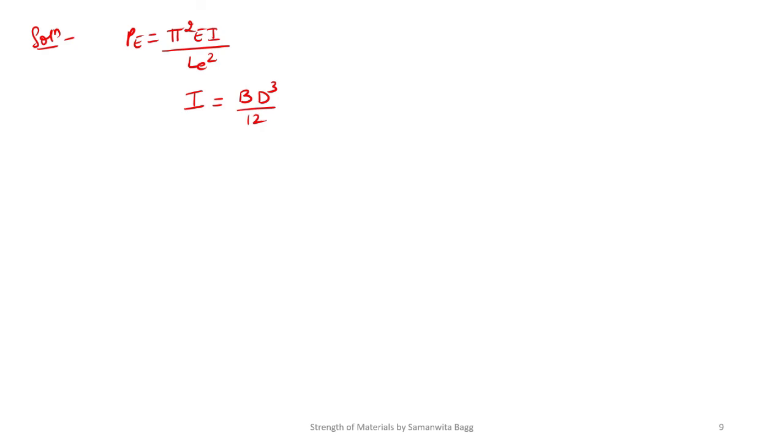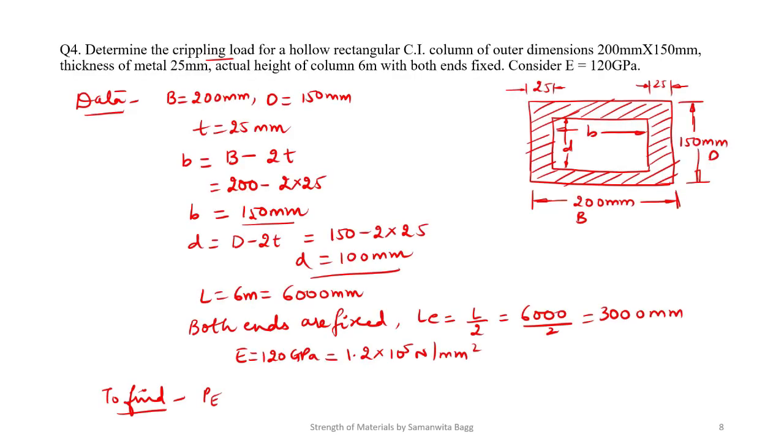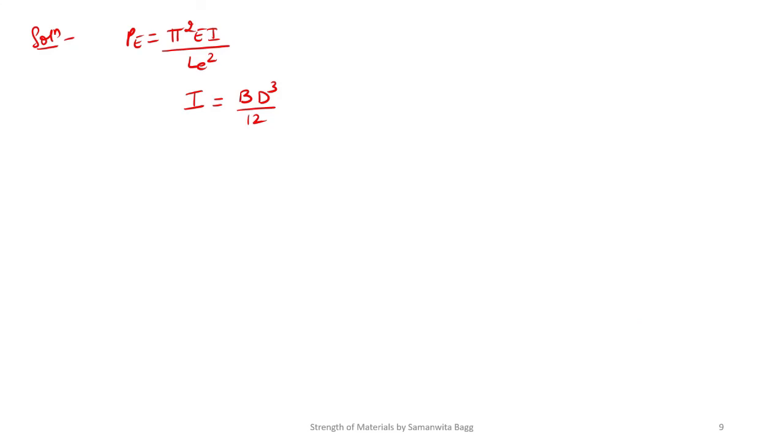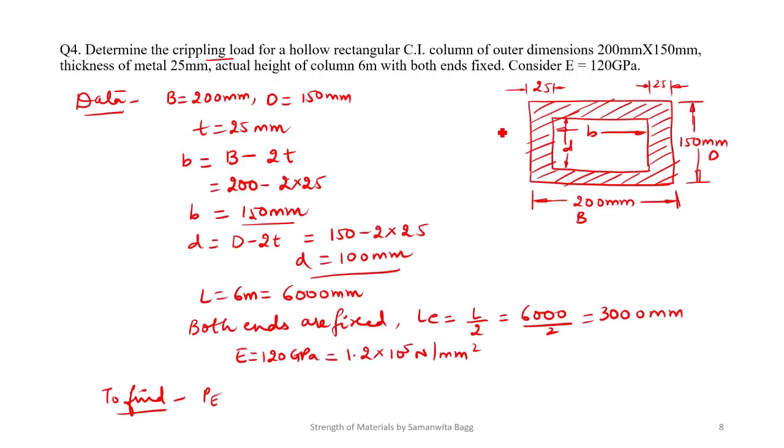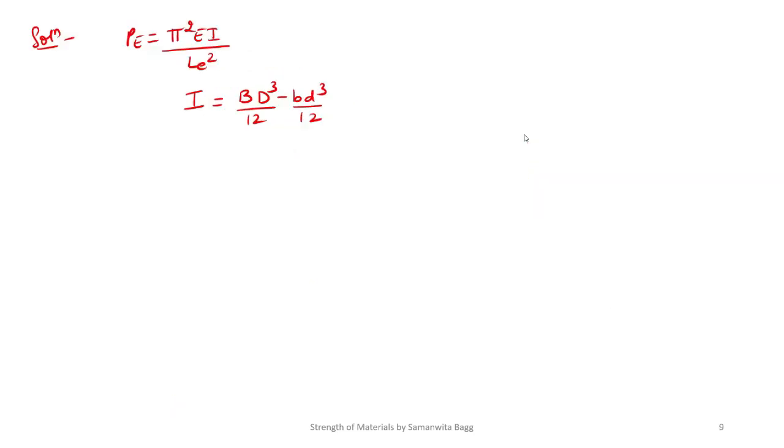If you have a hollow column like the one that is given here, the formula will now change to BD cube upon 12 minus bd cube upon 12, because this is the moment of inertia of the outer column. This is the value which I need to calculate for the inner dimensions, that is this dimension. So that when you remove this dimension, what remains is the moment of inertia of only the shaded portion.